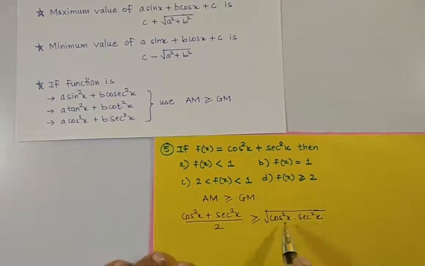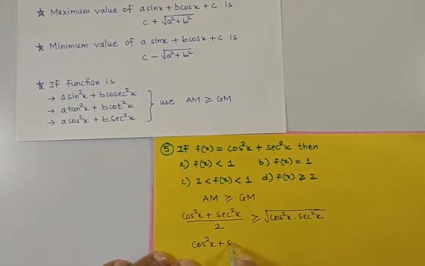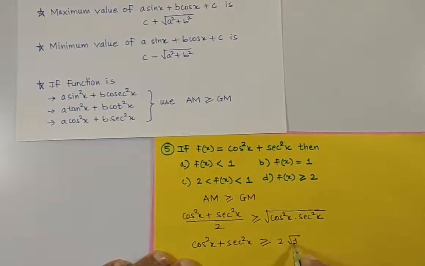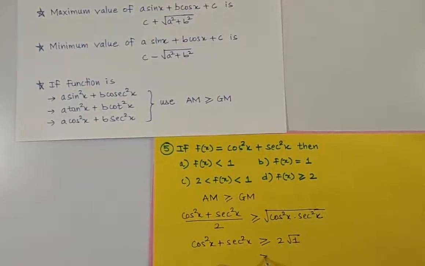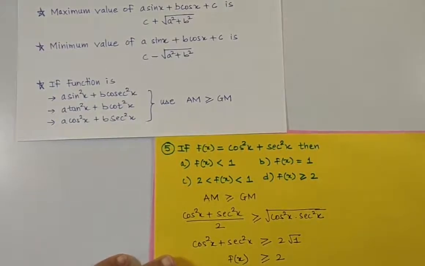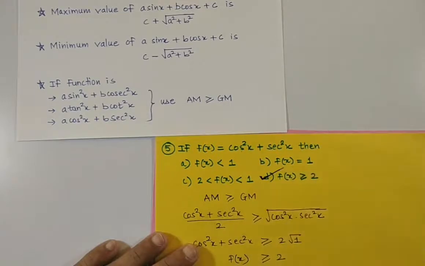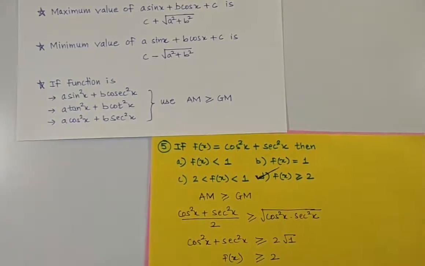Again these are reciprocal, so they get cancelled and you will have 1. So cos square x plus secant square x is greater than or equal to 2 into root 1, or you can say greater than or equal to 2. This is nothing but our f of x. So f of x is greater than or equal to 2. So our answer is D. D is our answer.